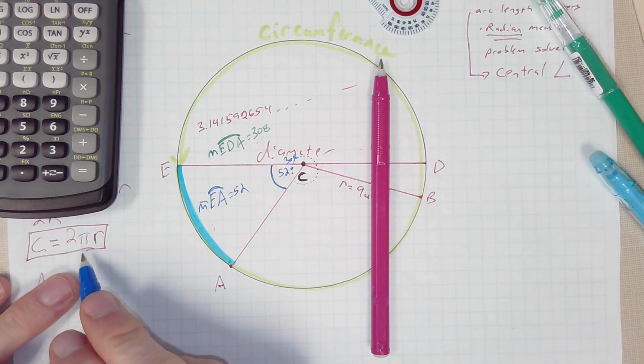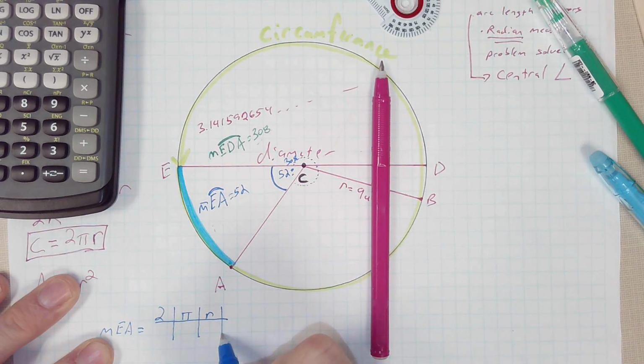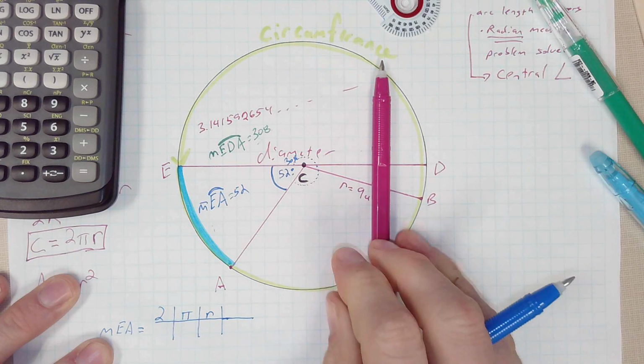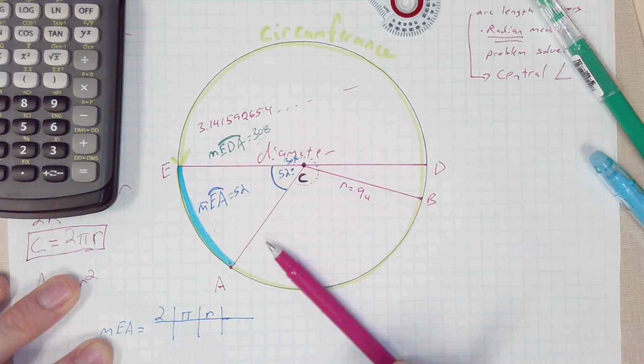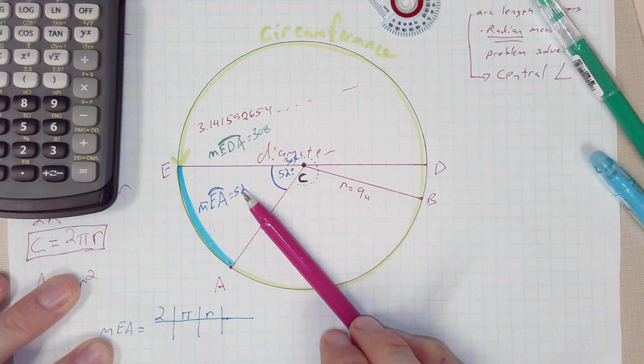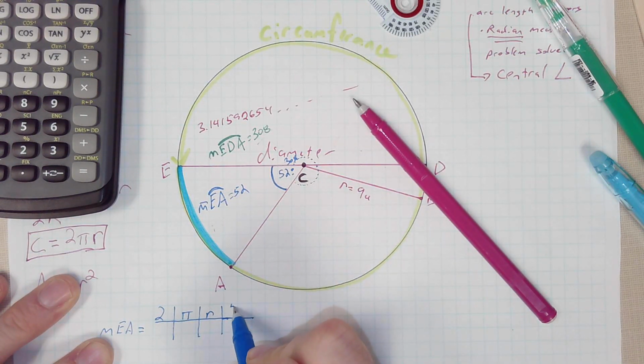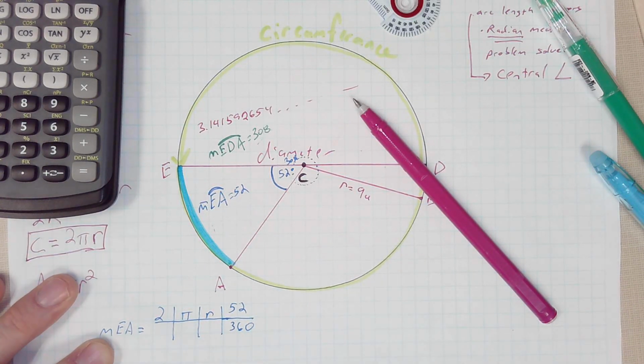We know we're using 2 pi r, so it's going to be 2 times pi times r. All right, but we're not using the entire 360. This is for the entire 360. We're only using 52 of the 360, right? So it's a fraction, 52 of 360, okay?